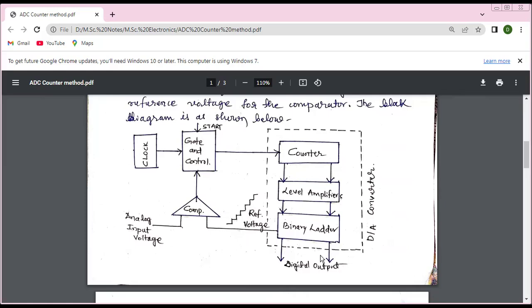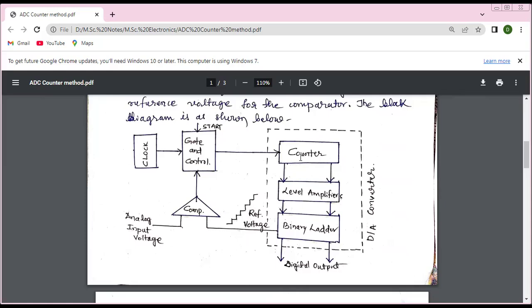And this part is the block diagram of the digital to analog converter. Actually this part is very, very important. Binary ladder type is there. So this is the digital to analog converter, a part of this analog to digital conversion.